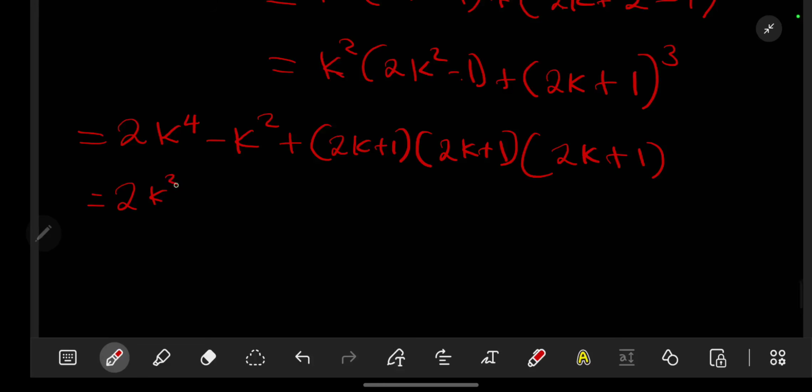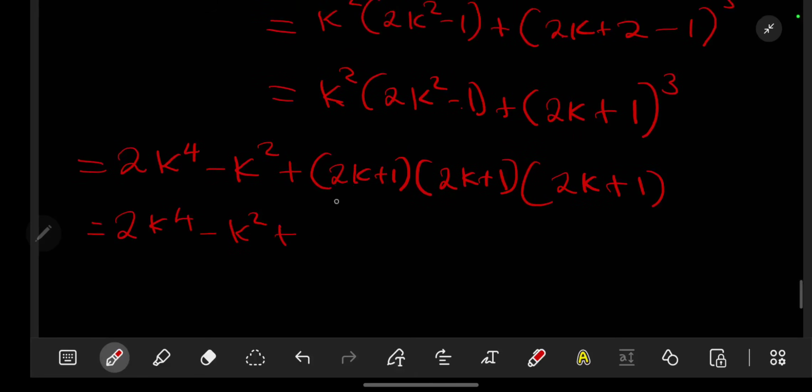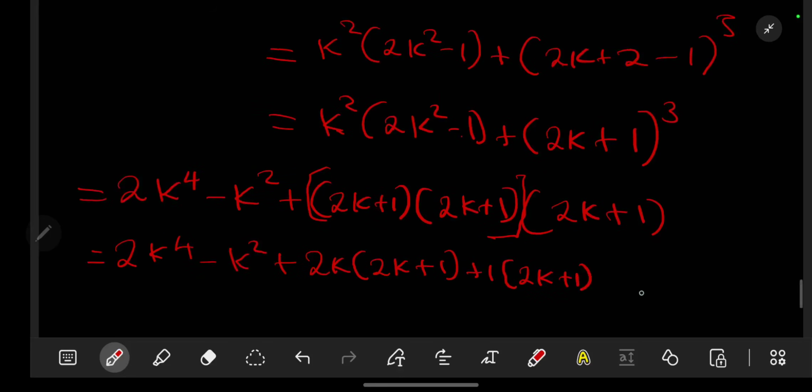We have 2k to the power of 4 minus k squared, then plus this 2k multiplies everything, so we have 2k plus 1. Let's just deal with this first. This second number multiplies everything, so we have plus 1, 2k plus 1 like that. Then all this is again being multiplied by 2k plus 1 like that.